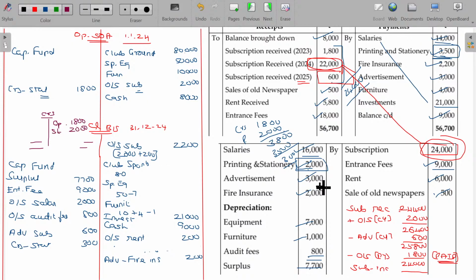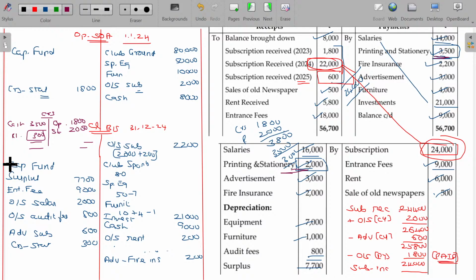Finally, that stationery is transferable to the P&L account. Then what is the payment made for the stationery? Creditors to cash. How much is paid? 3,500. Then the balancing figure being 300 remains payable, and that is nothing but creditors for stationery. Clear that you have to be very careful with this.